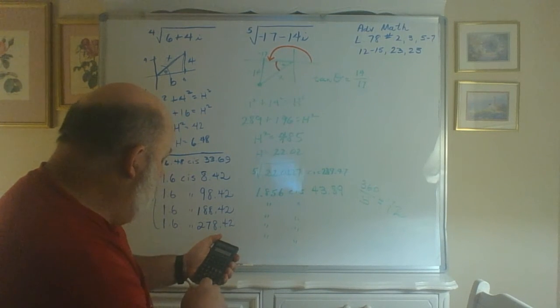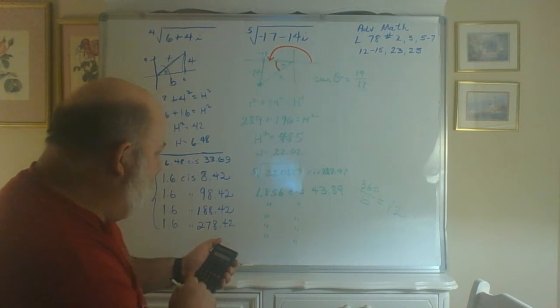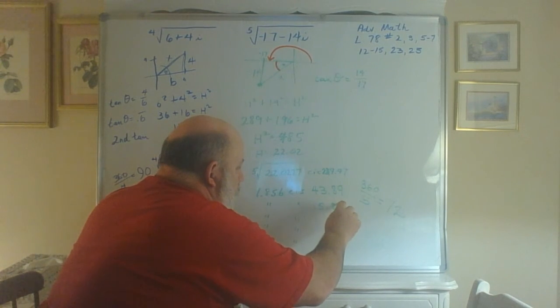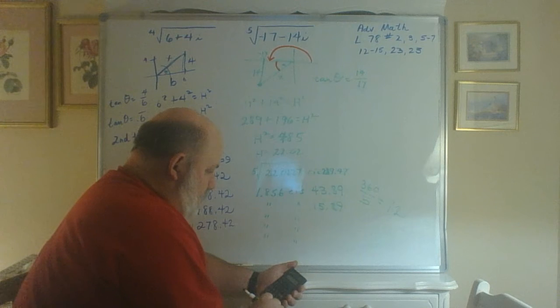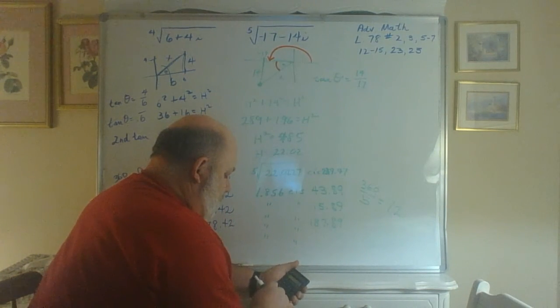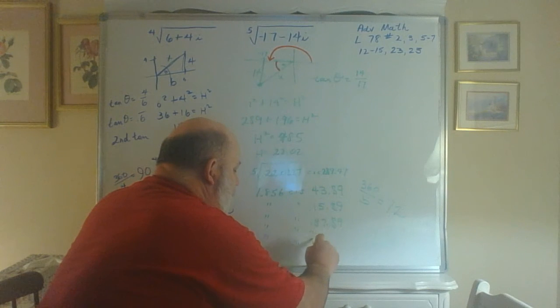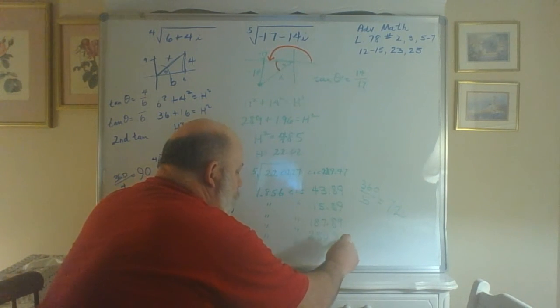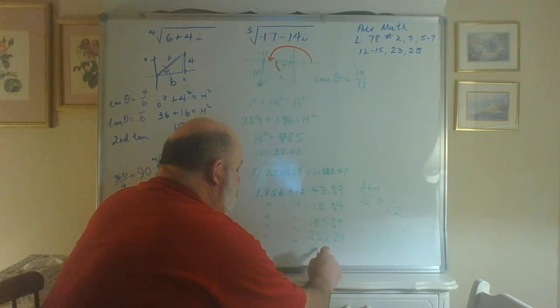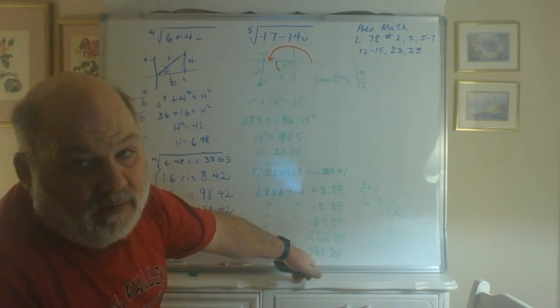So 43 plus 72 equals 115.89 plus 72, 187.89 plus 72, 259.89, and one more plus 72, 331.89. Remember, this number cannot go higher than 360.